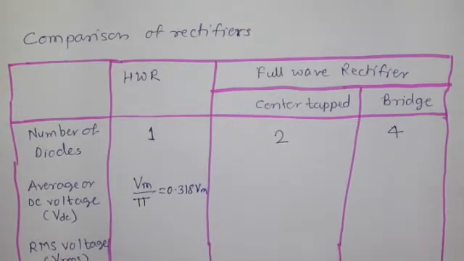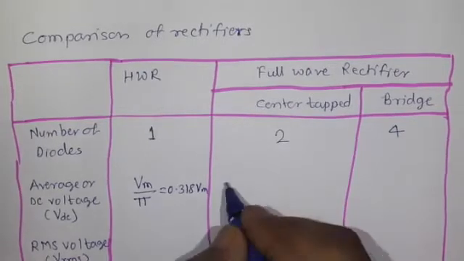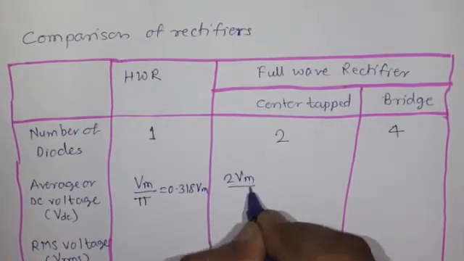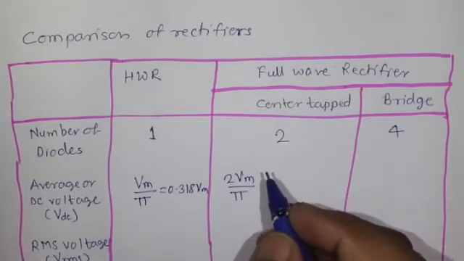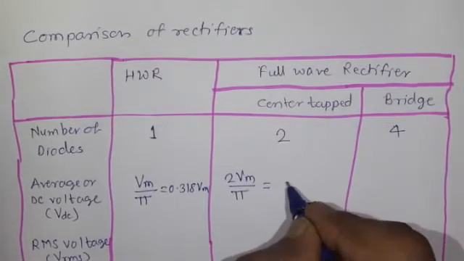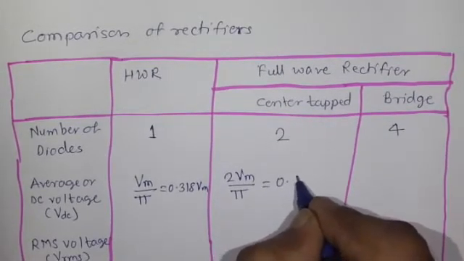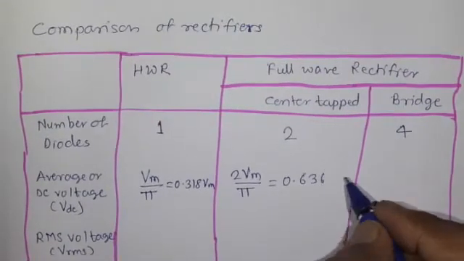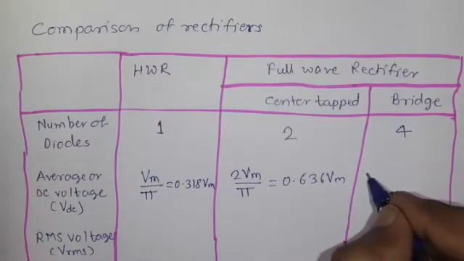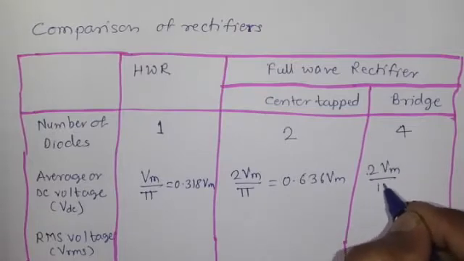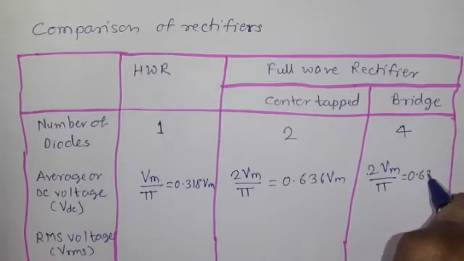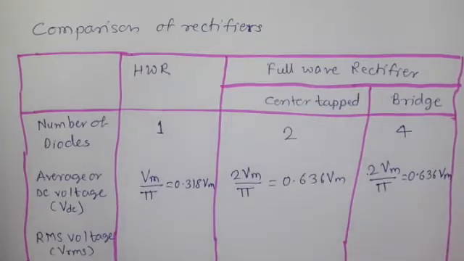For the full wave rectifier and bridge rectifier, the value of DC voltage is the same, twice Vm upon pi, which is 0.636 Vm. In this way, we have to write the value of average voltage.